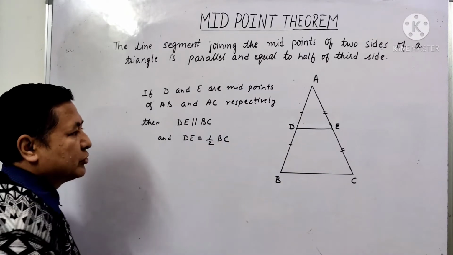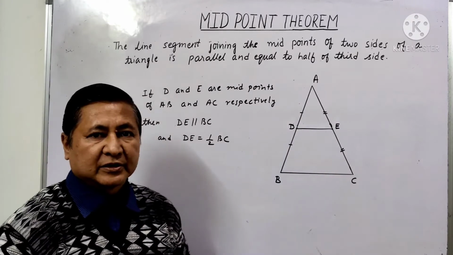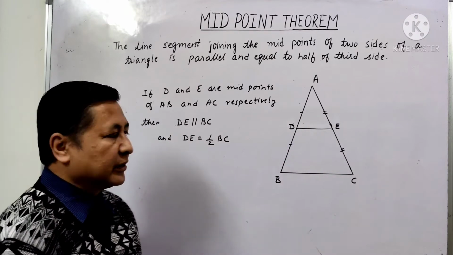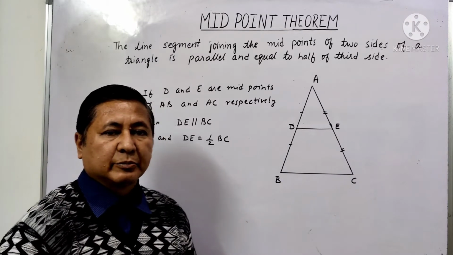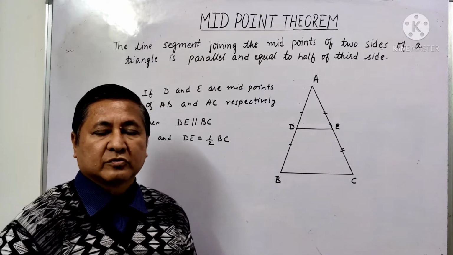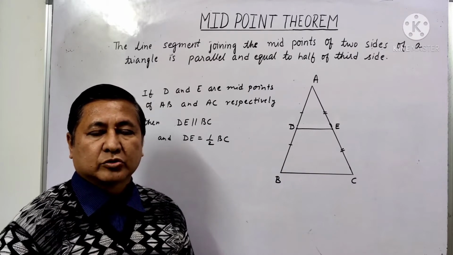That means the line segment joining the midpoints of two sides of a triangle is parallel to the third side and equals to half of the third side. Based on this midpoint theorem, we will be solving the questions from exercise 8.2.